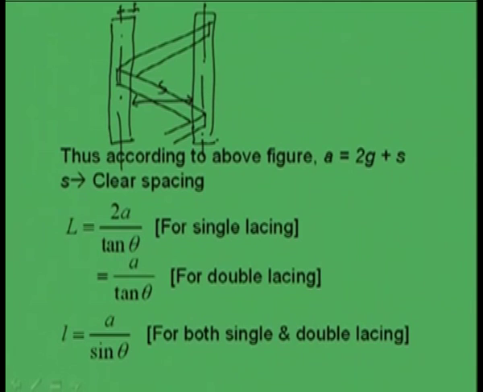From this we can find out gauge G, which is given in the handbook. Say, for a particular channel section used as a main component, we know the gauge distance, what the CG is, all these things we can find out. This is called gauge distance.